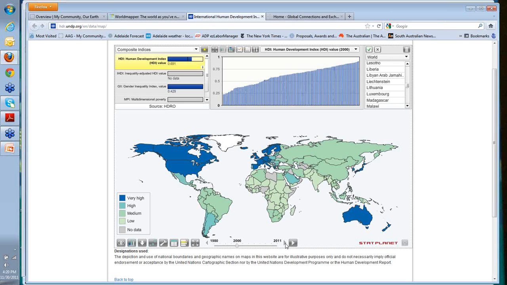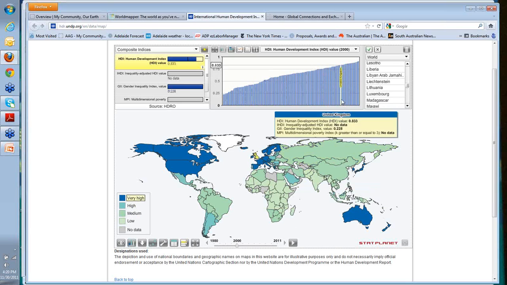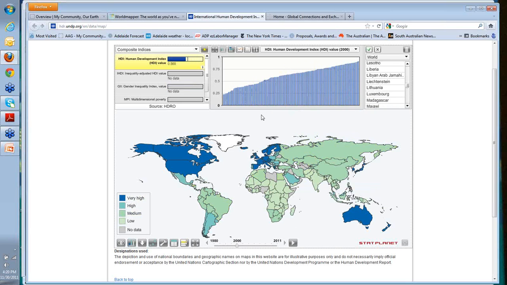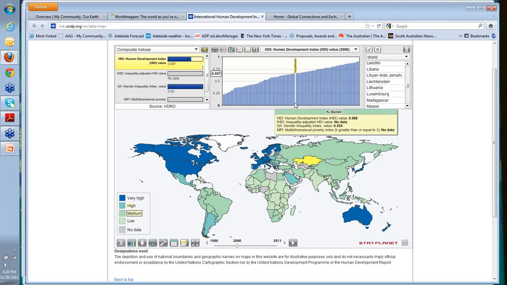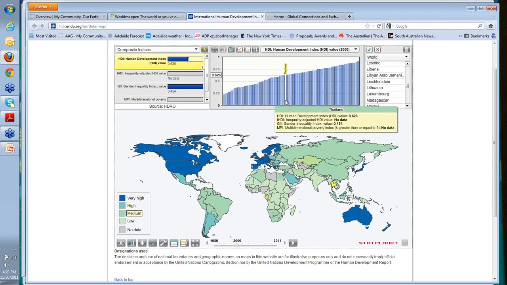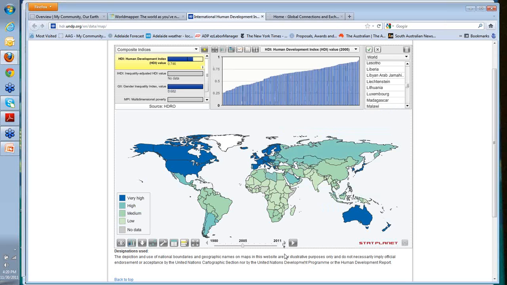You can also see a histogram of this data organized at the top, and this will give you additional information as well as identifying the locations where things are. So it's accessing databases at different times as well as providing you locational information.